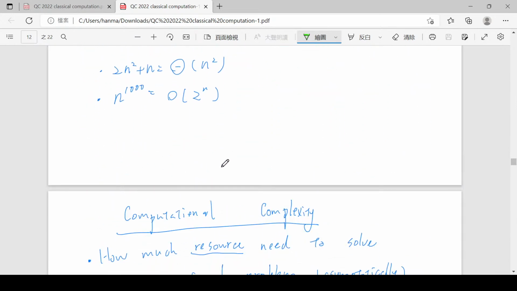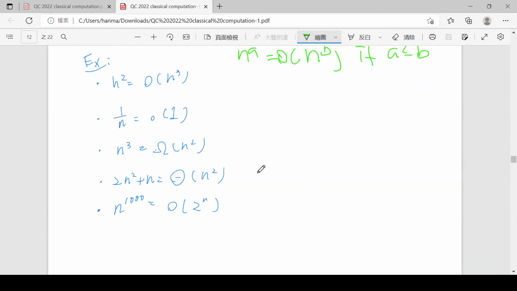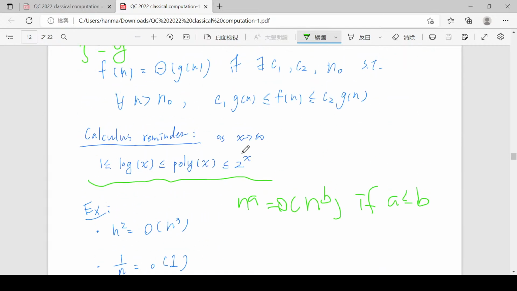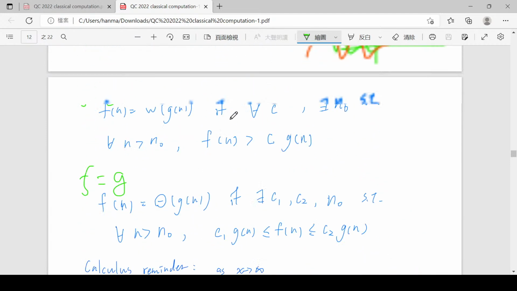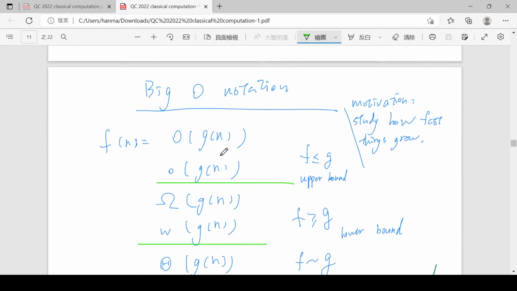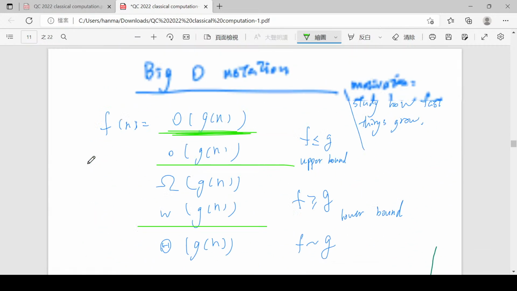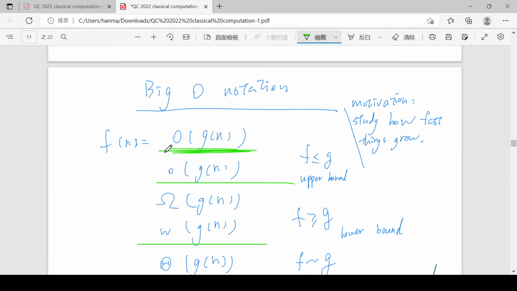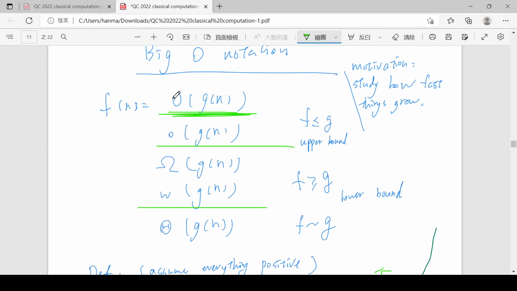Also, there's something we won't care too much about, but I think people should be careful. That is, for this big O notation, people often abuse it. By that I mean people will use big O to represent things that are actually big theta.